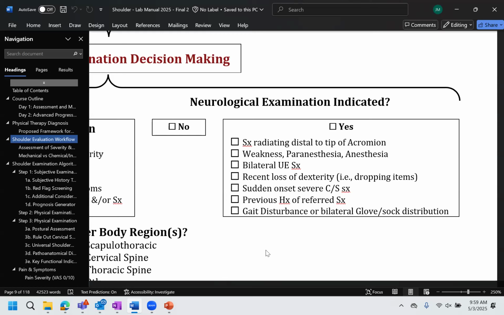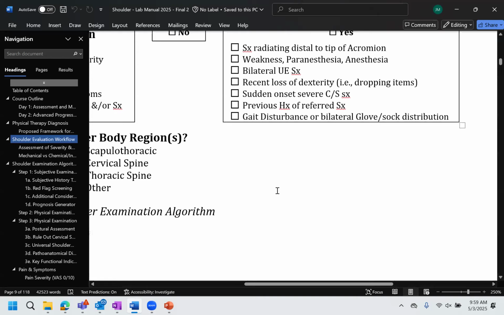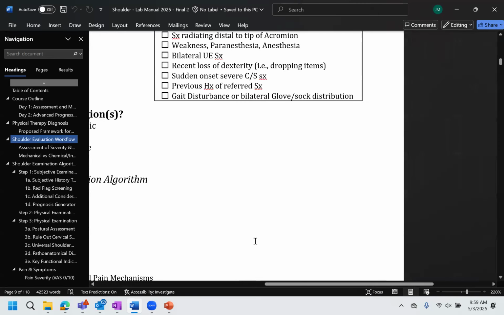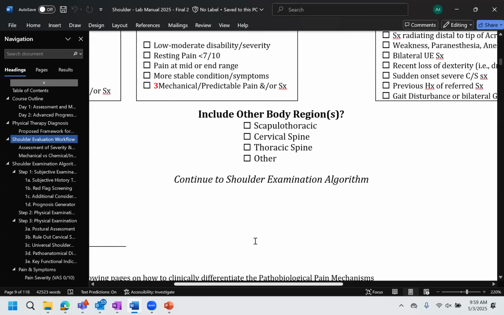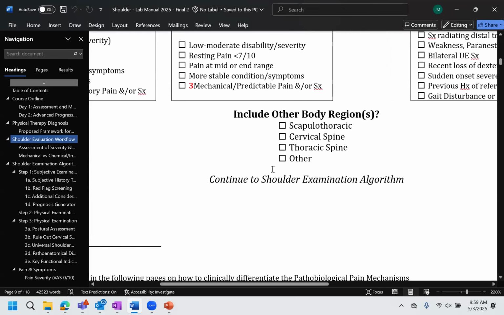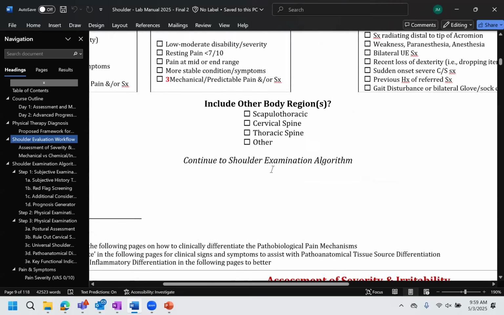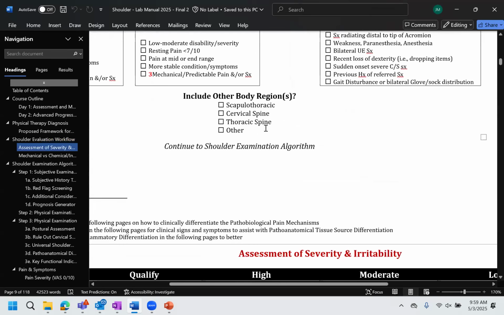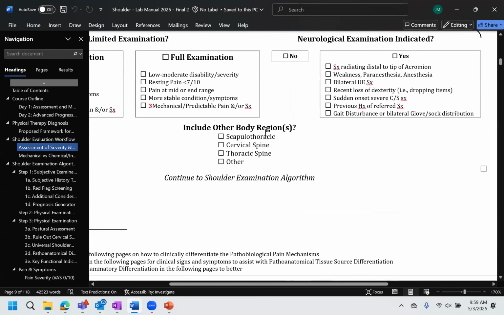really otherwise explain it, sudden onset of severe cervical spine symptoms, previous history of referred symptoms, gait disturbances, or stocking-glove distribution would determine us to require, on day one, doing a neuro screen. And then the final determinant is: what other body regions beyond just the glenohumeral joint should I incorporate?